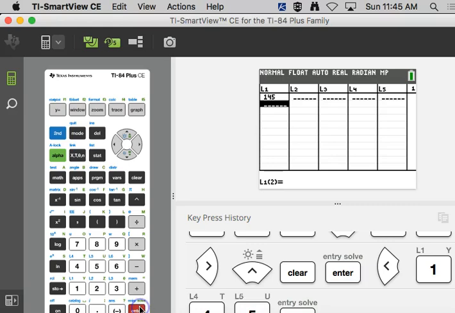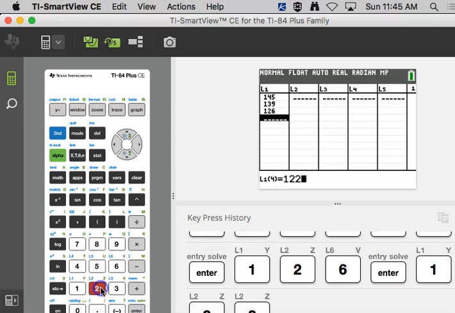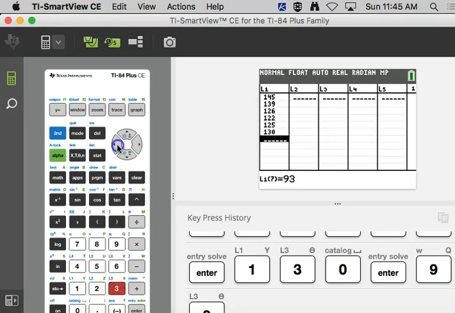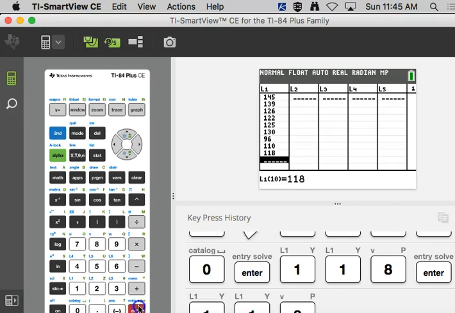So 145, 139, 126, 122, 125, 130, 96, 110, 122, and 118.